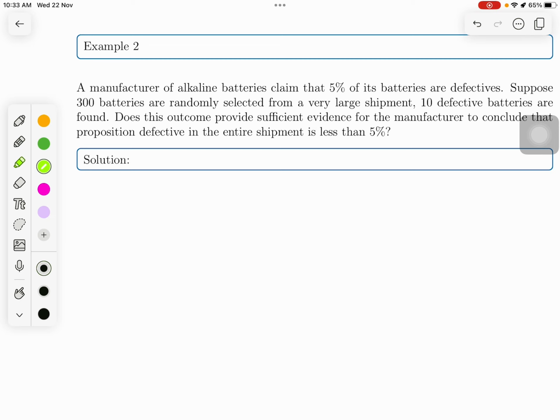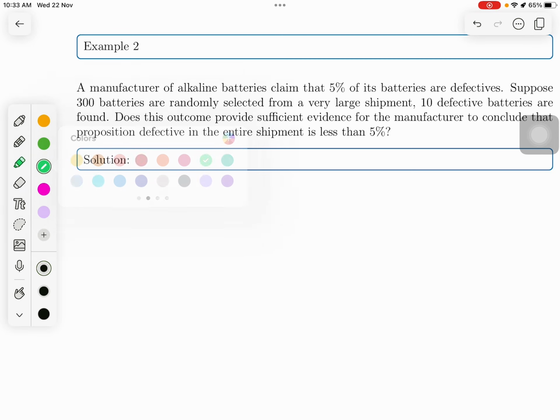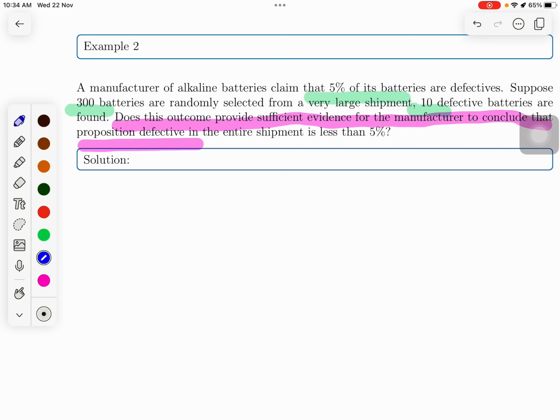This is my favorite color, and this one is your N and X. Okay, this is the question. Highlight this. Does this outcome provide sufficient evidence to conclude that the proportion defective in the shipment is less than? Okay, so we take this 5%.